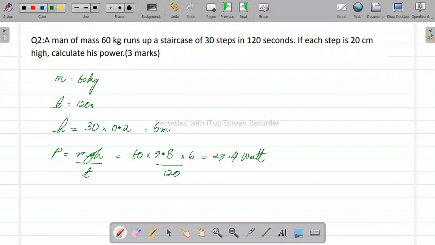And had they asked you to write the final answer in terms of horsepower, which is a unit of power, all you have to do is know that 1 horsepower equals 746 watt. So you'll just divide your final answer by 746 to get the final answer in horsepower.